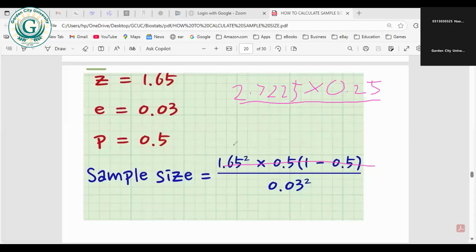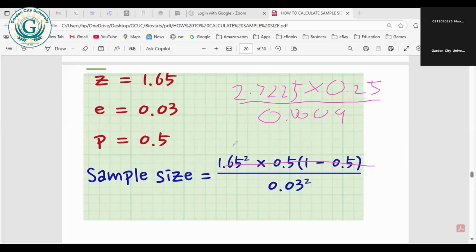So it is 0.03 times 0.03. And that will give us what? 0.0009.